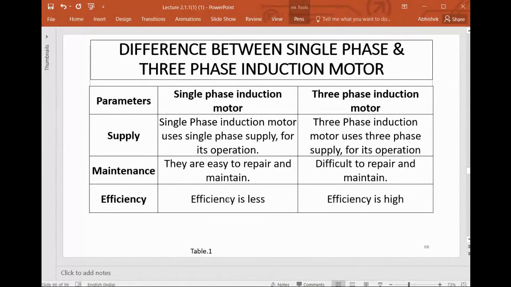Efficiency: in single phase there are fluctuations, so efficiency falls, whereas in three phase you take the average input of the phases, so its efficiency is high and working is smoother.